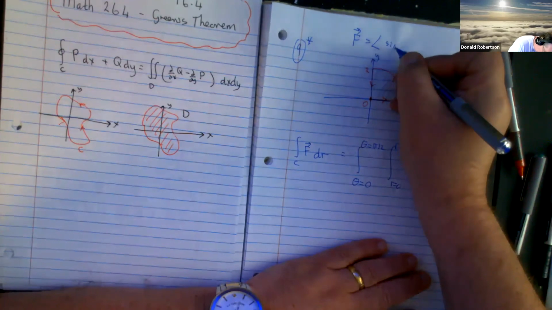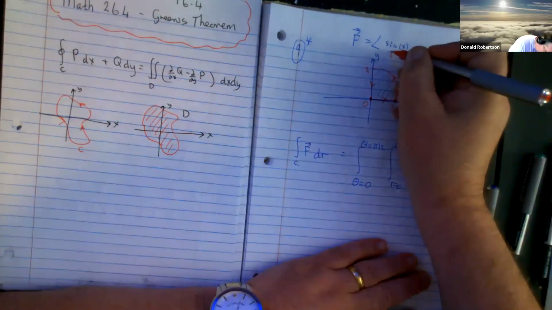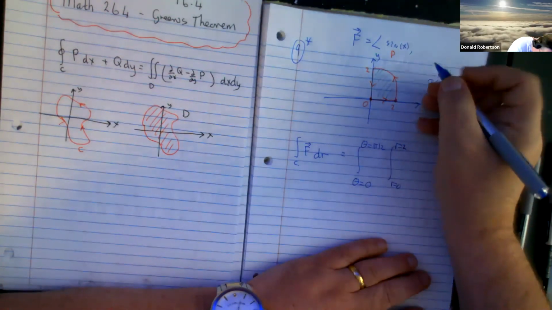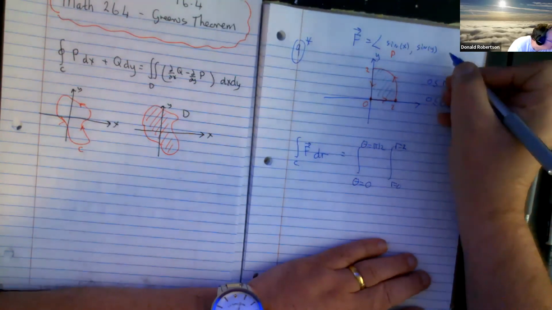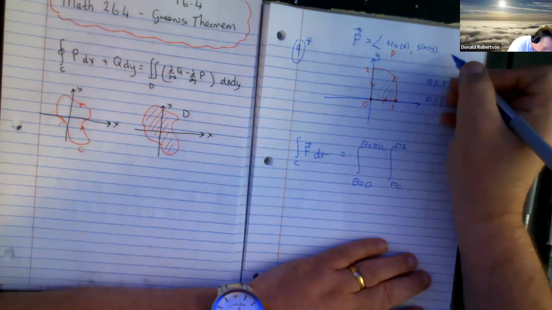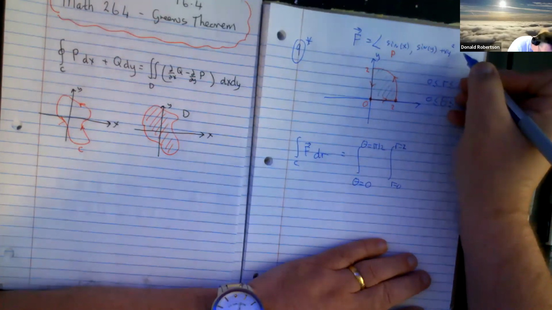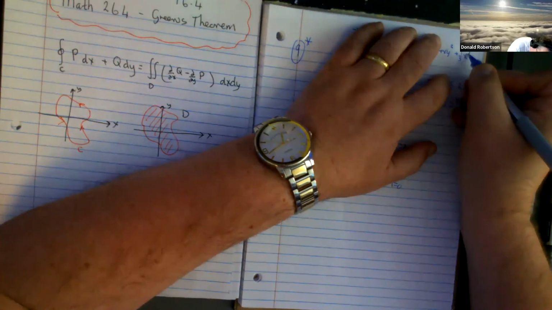It's just a sine x for the P guy. And the Q guy is a sine of y plus an xy squared plus a 1/3 x cubed.